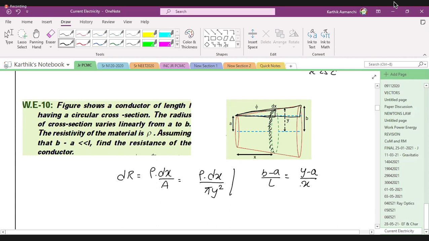So b minus a is equal to Ly minus La, into x.